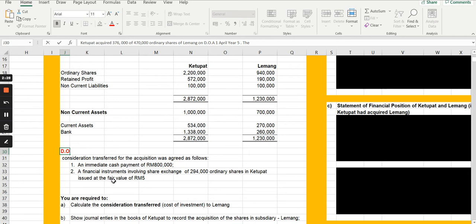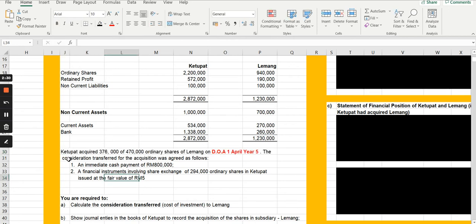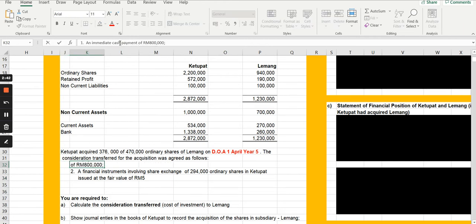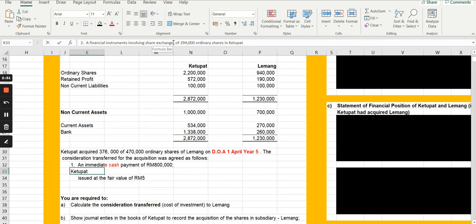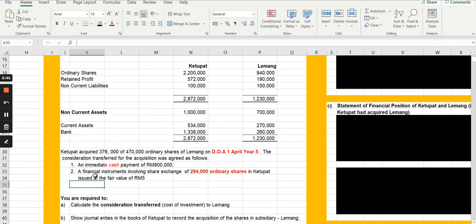These are the information that you have relating to consideration transferred for the acquisition. They have agreed that to be, one, by way of immediate cash payment, so it involves cash. Then the second one is a financial instrument involving shares exchange, and the share exchange is by way of 294,000 shares that were issued by the acquirer.